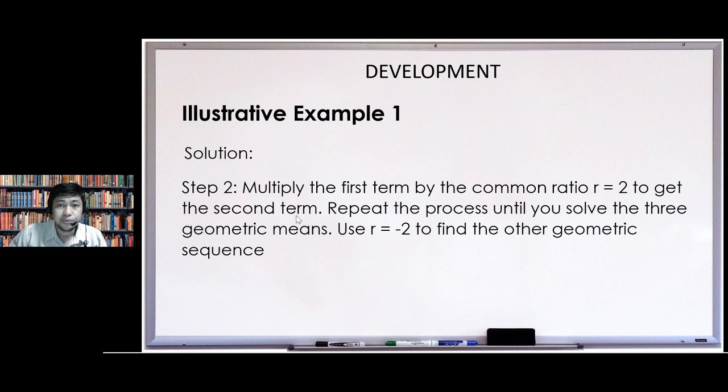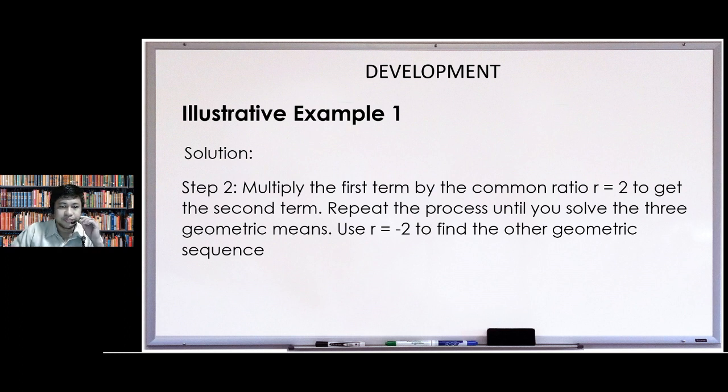Since we already know that the value of the common ratio is positive or negative 2, what we're going to do is multiply the first term by our common ratio to get the first geometric mean. Then multiply again by the common ratio to get the next geometric mean, and multiply again by 2 to get the last geometric mean.